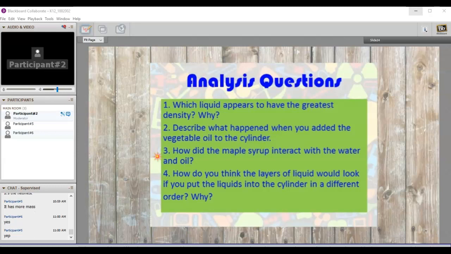And then number three, how did maple syrup interact with the water and the oil? So there's obviously an order that they pour things in here. And so maple syrup would have done what with that water and oil?